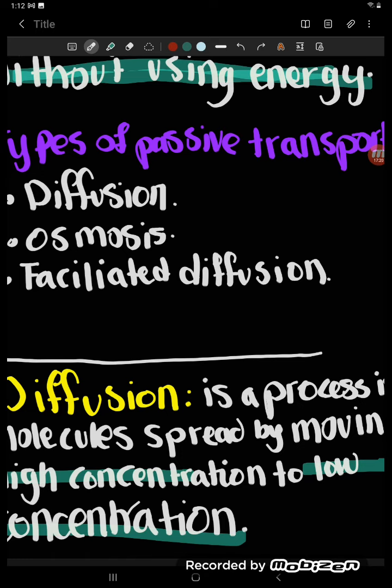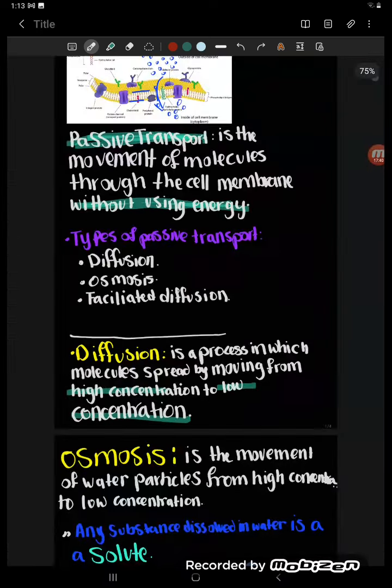Lipid insoluble means they cannot pass through the cell membrane. Therefore, there must be something that will help their transport. We have transport proteins, such as ion channels and carrier proteins. But like I said, you guys don't need to worry about that here. You just need to know what we've studied.